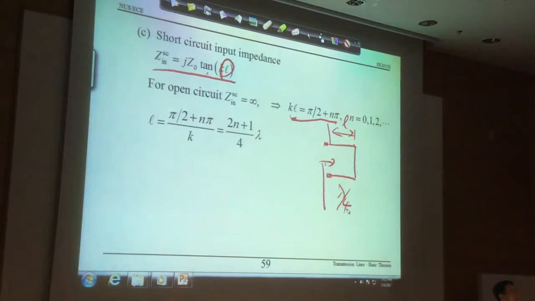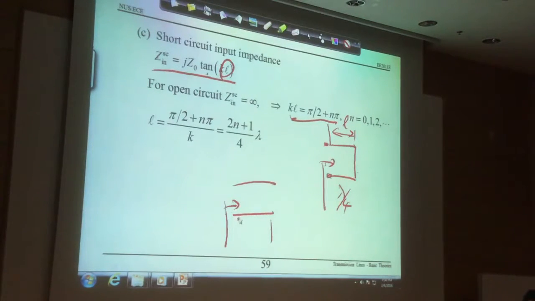Then I will ask you another question. Okay? This is open. Then the input impedance becomes a short. What is the wavelength? What is the length of this distance?